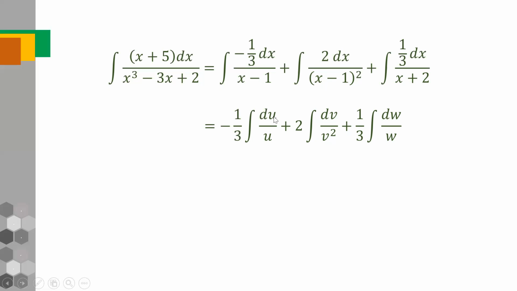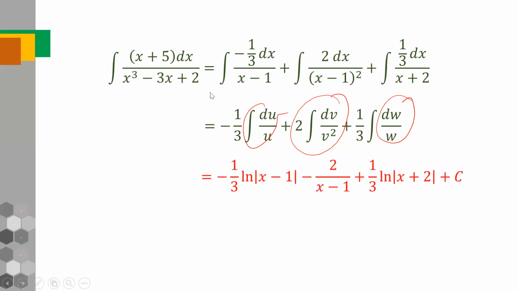Here, for the first and the last, the formula is ln. For the second one, we can use the power rule for anti-differentiation. In this case, the first term's integral is -1/3 ln|x - 1|. The second is -2 over (x - 1). And the last, we have plus 1/3 ln|x + 2| plus c.